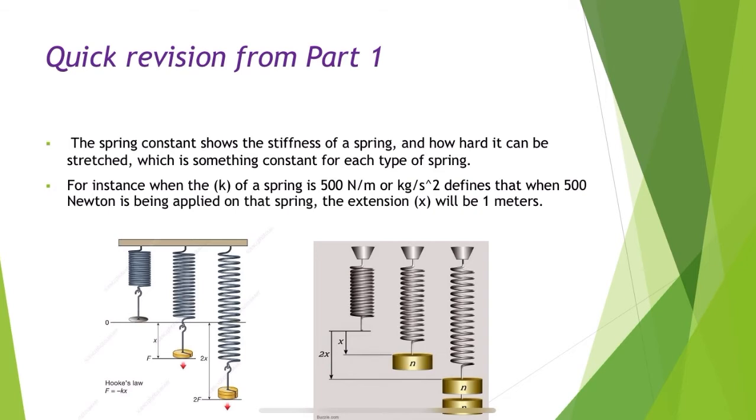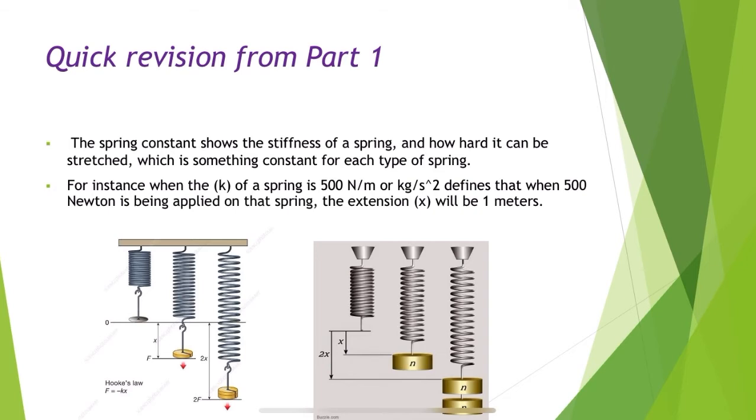To comprehend this concept in a more organized way, let's consider that the load in the right picture, which is known as N, is heavier than the load in the left picture. As you can see, there are springs with nothing hung on them, which means the extension is 0.